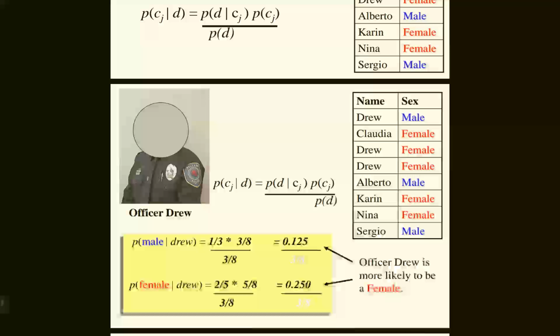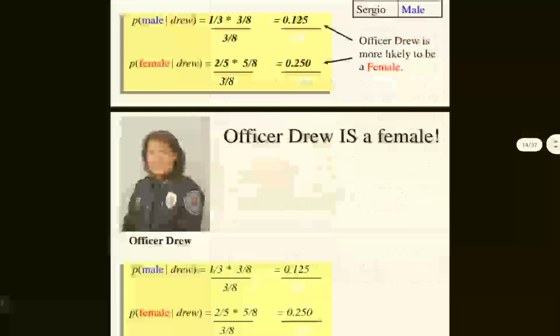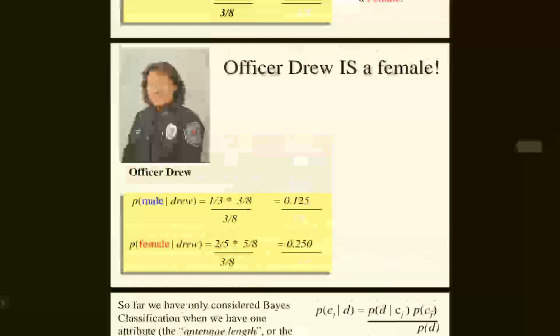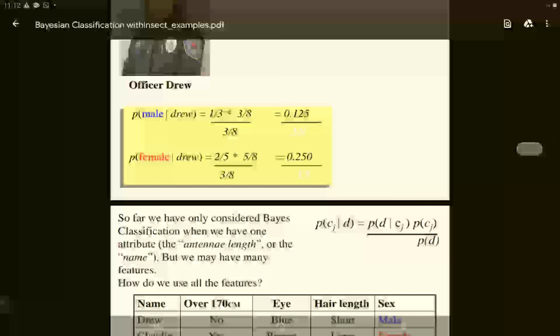Okay, so after calculating this value, we are saying that officer Drew is more likely to be a female. Why is it female? Because you just concentrate here on the given: officer Drew is female, according to which value, considering the probability of Drew with respect to male and the probability of Drew with respect to female.